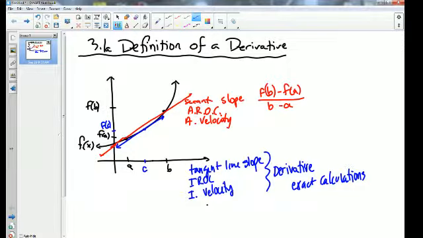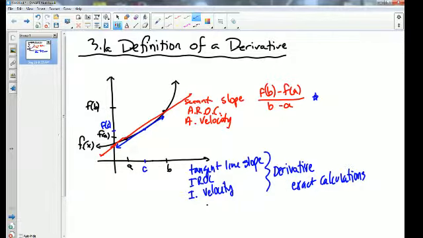There are 2 different definitions that we can use for a derivative. One of them is based on this one, and the other one is just a little bit different. What happens if I take these 2 points and I continue to move them closer and closer together?